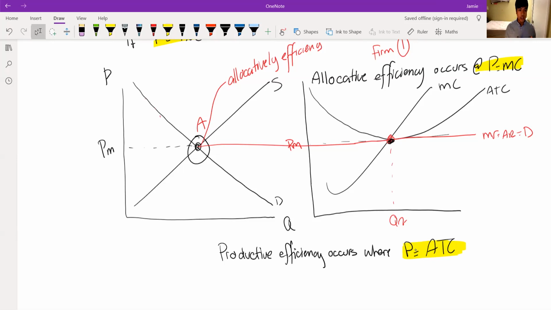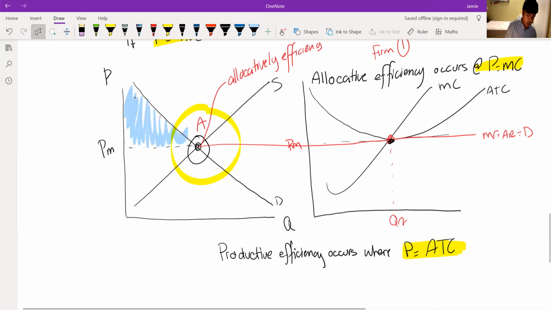And at that market equilibrium, point A on our graph here, the marginal cost of production is going to equal the value that consumers receive. And so that would be the allocative efficient point. Illustratively, the reason why is because we're maximizing consumer surplus here and we're maximizing producer surplus here. Okay.